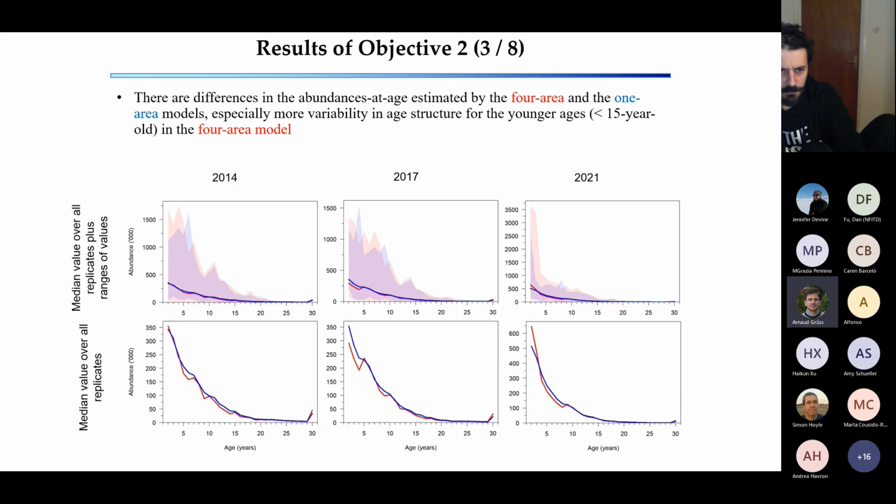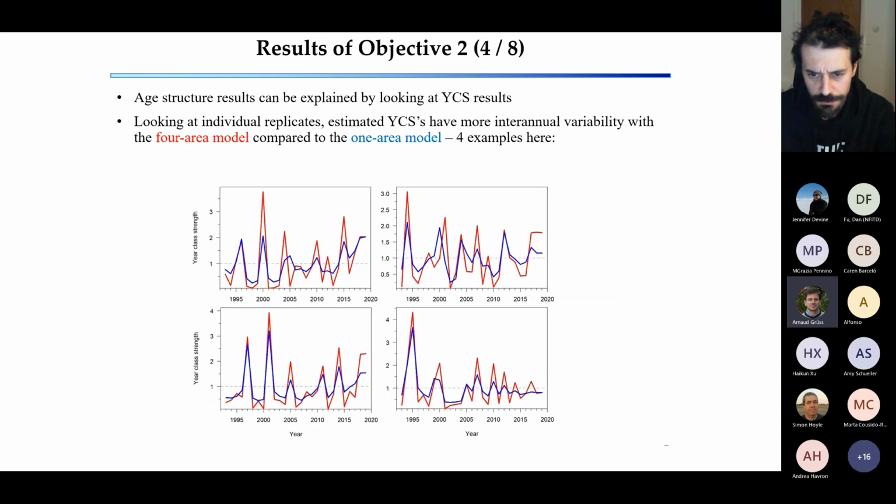Regarding abundance at age, estimated by the CASAL assessment models, again we noticed with the 100 replicates differences in the abundance at age estimated by the 4-area and 1-area models, especially more variability in age structure for the younger toothfish, those younger than 15 years old, in the 4-area model compared to the 1-area model.